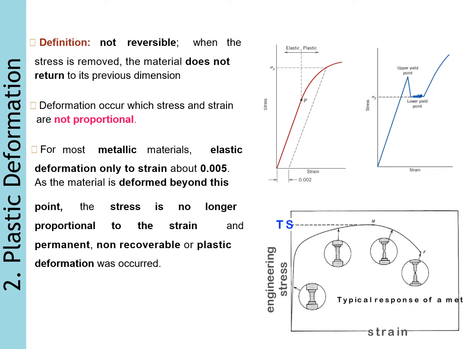For most metallic materials, elastic deformation persists only to a strain of about 0.005 on the strain diagram. As the material is deformed beyond the point of 0.005 here, the stress is no longer proportional to the strain, whereby we can say that Hooke's law is no longer applicable. So we call it permanent, non-recoverable.